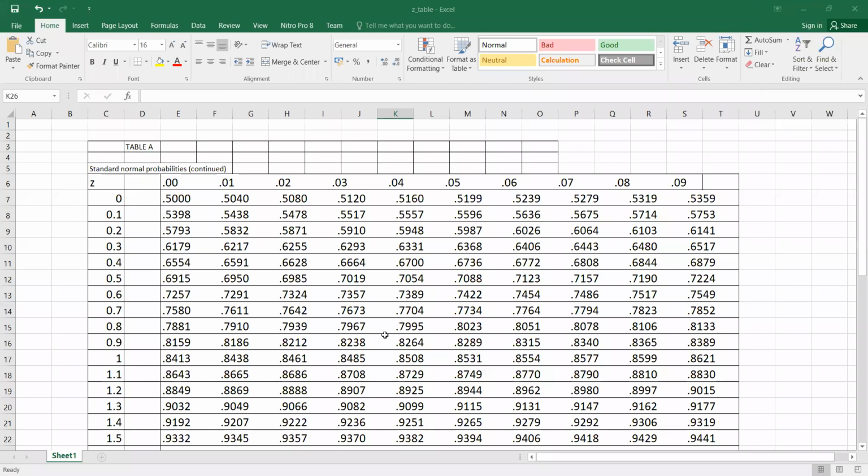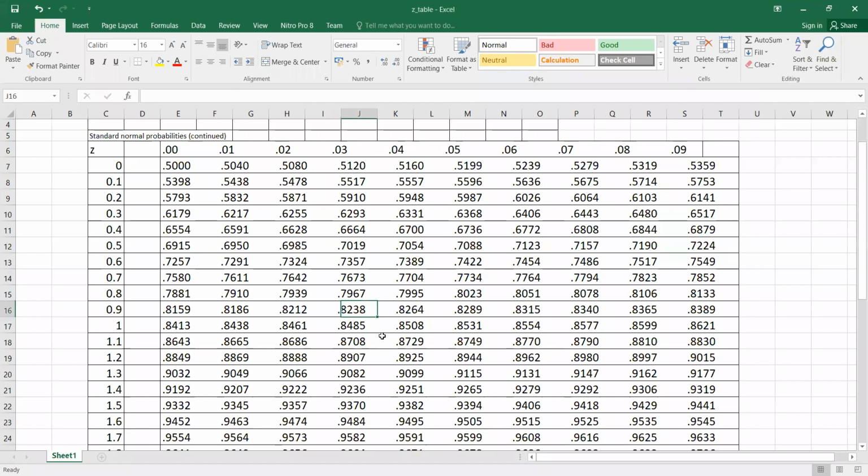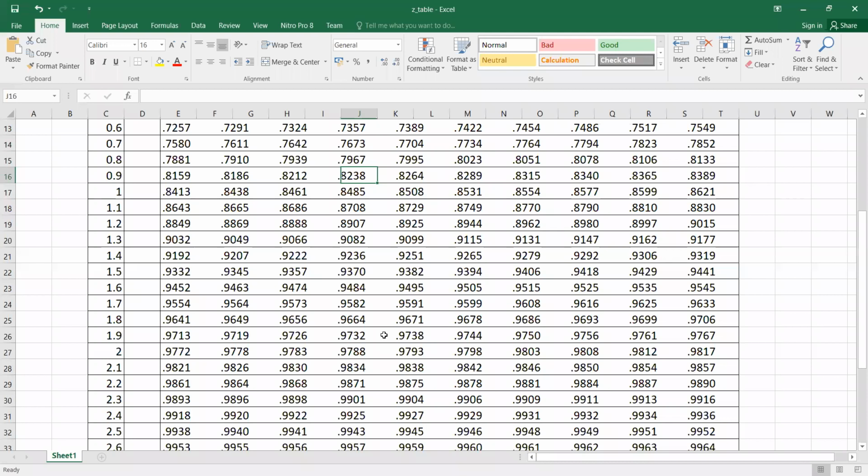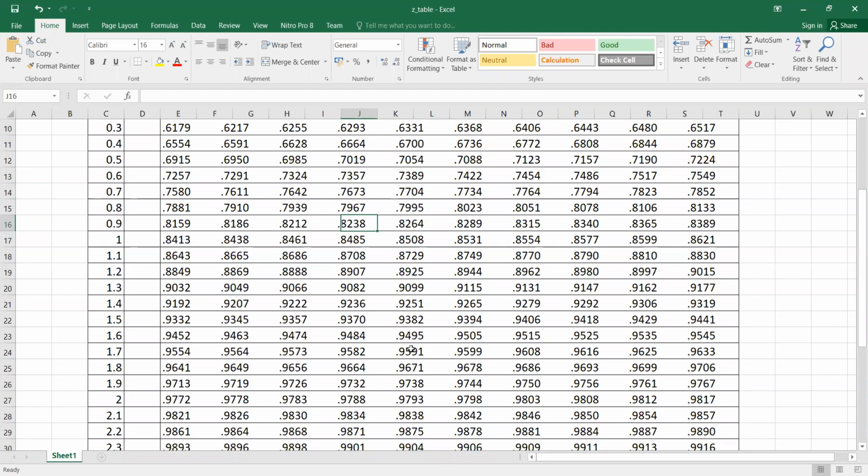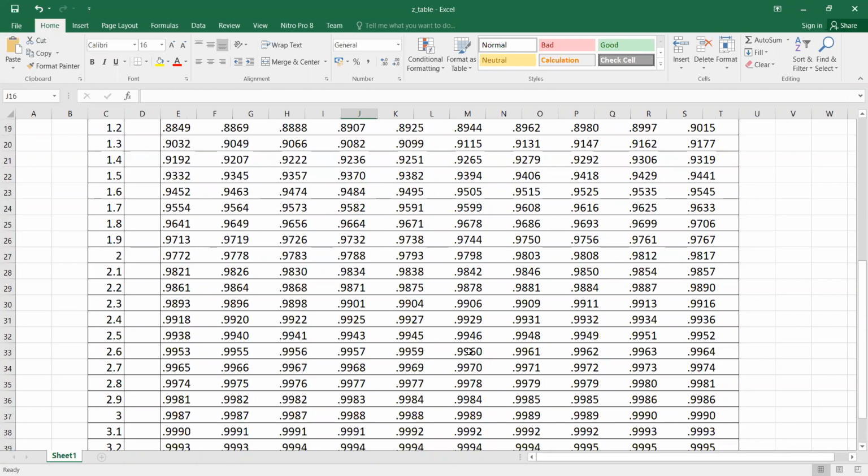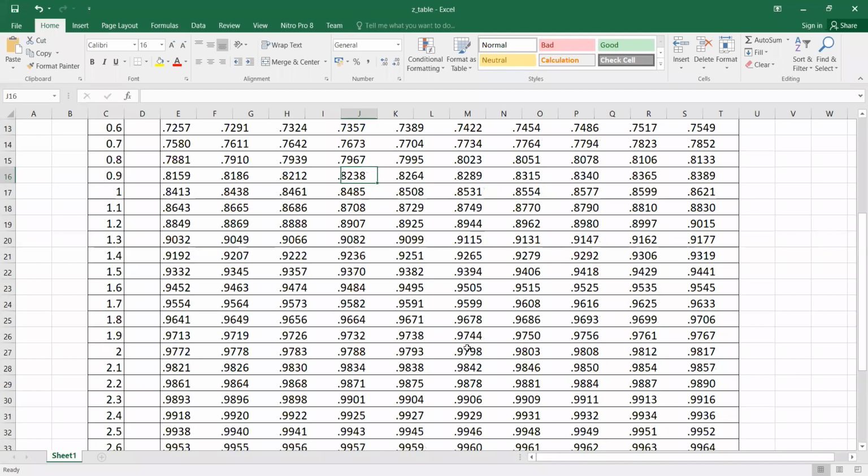We're going to look into these values for a number that is close to 0.95. I'm going to do the first one, you'll do the second one.